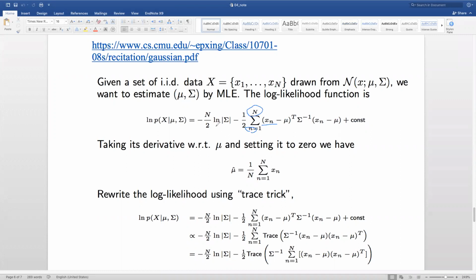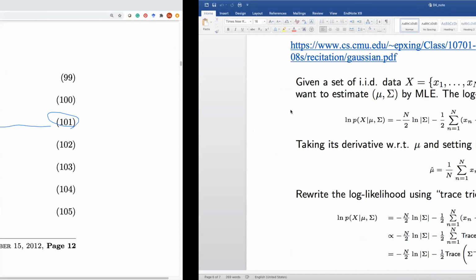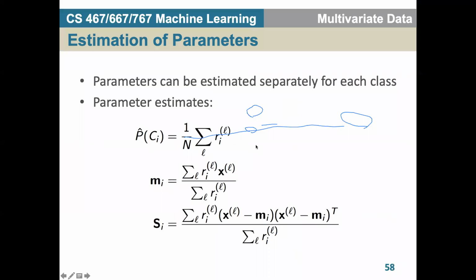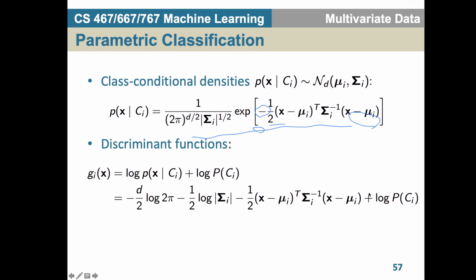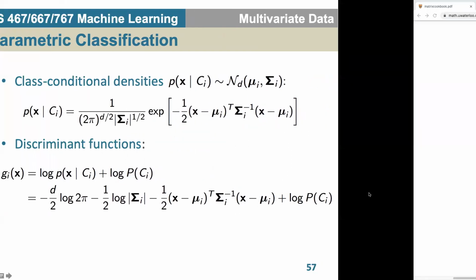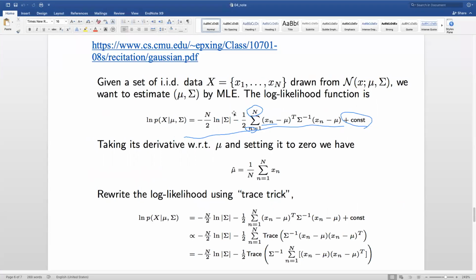And this thing has a constant here. Why? If you go back to our formula, this is the constant: 2 pi. We have the negative 1/2 log sigma, and this quadratic form, and then the prior.